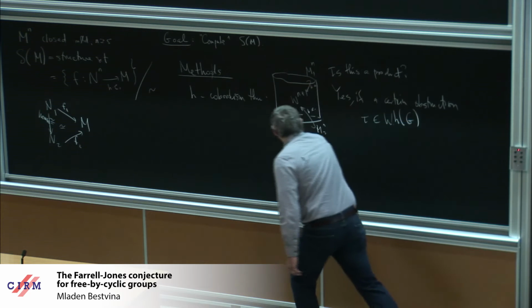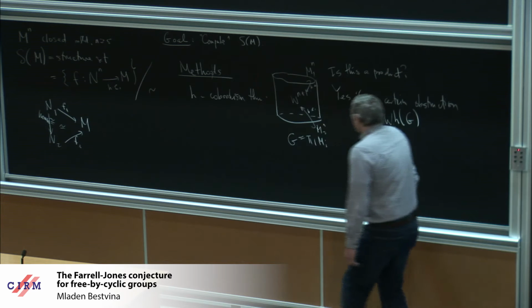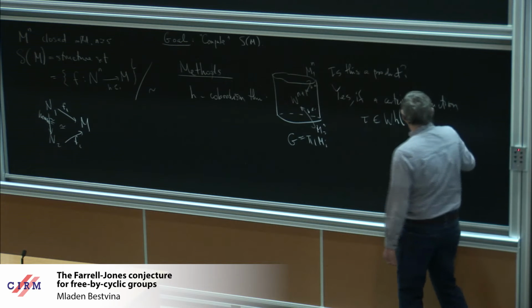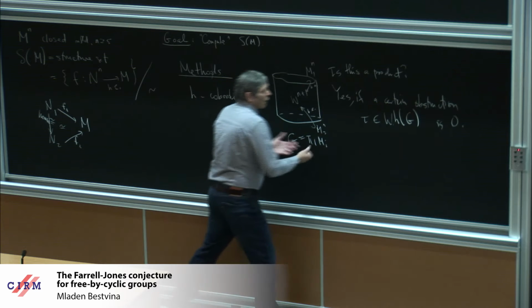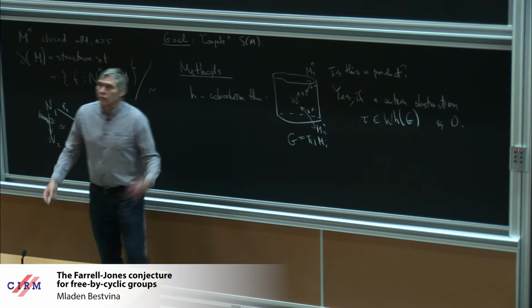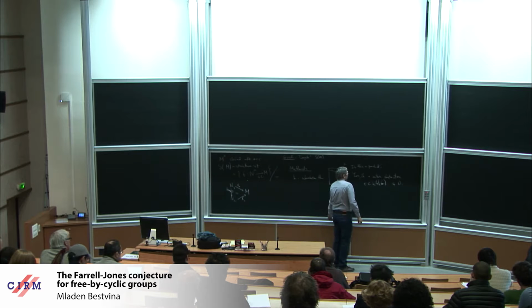So G here is the fundamental group of all three of these manifolds. Okay, so this is a typical example. You have some method and you succeed modulo some obstruction being 0.